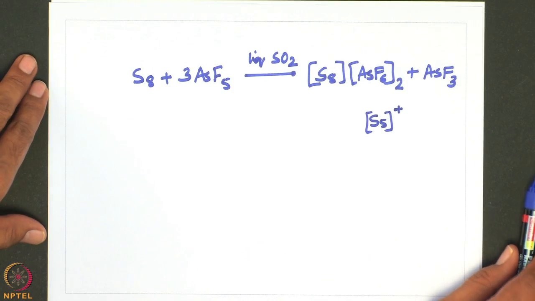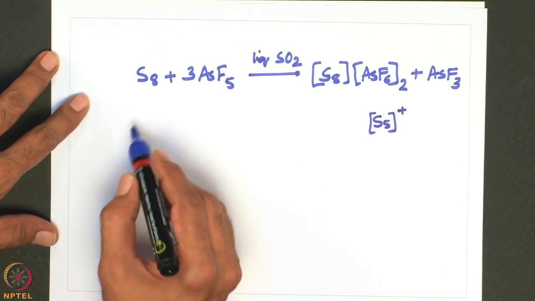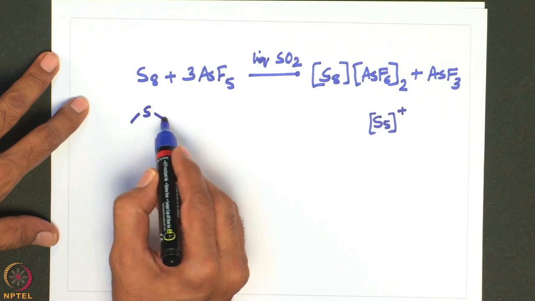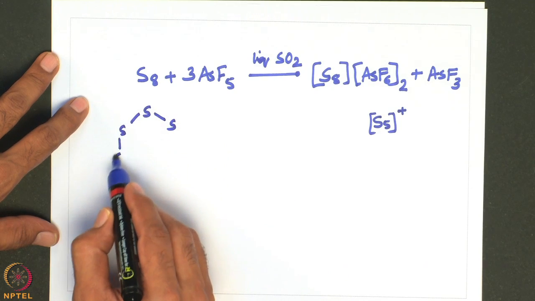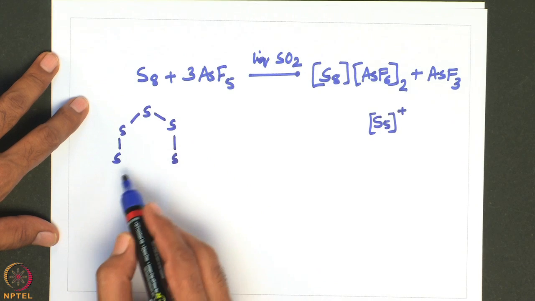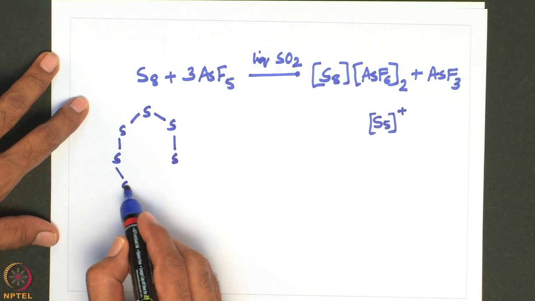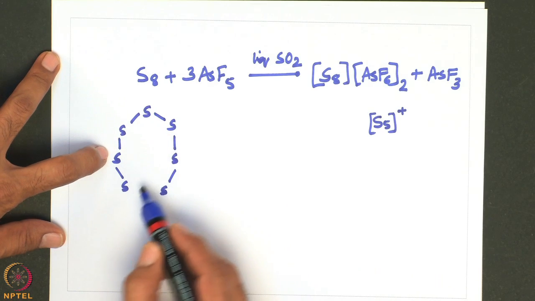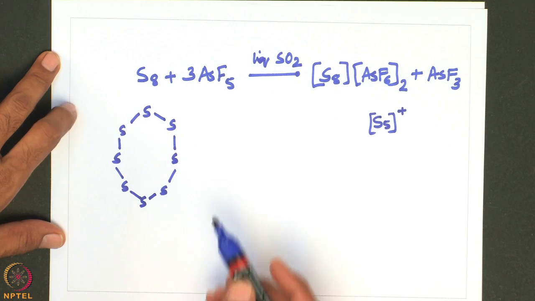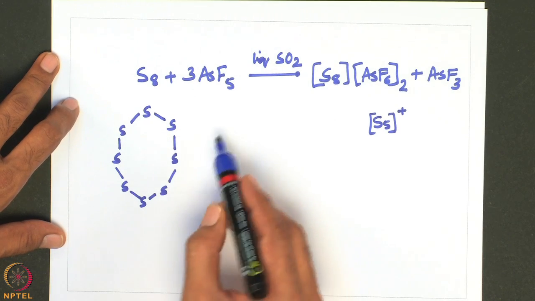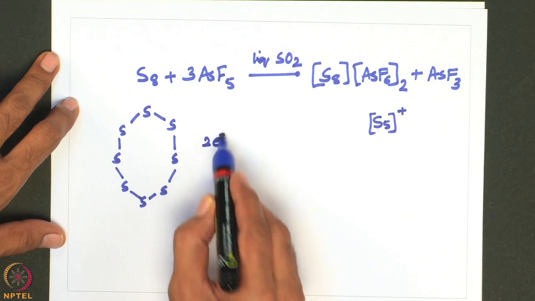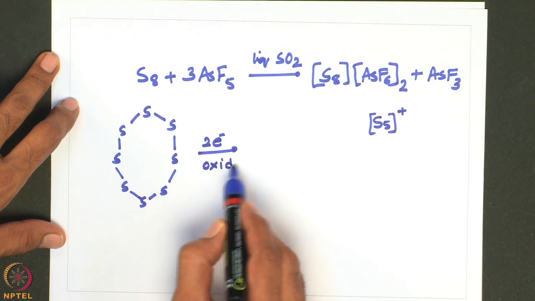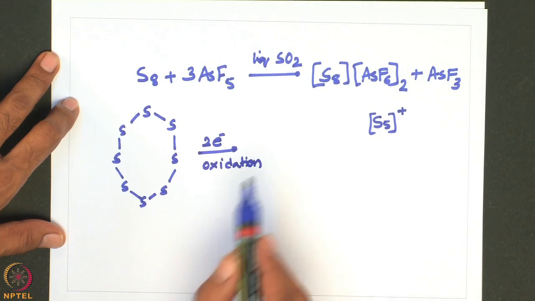Okay. So, let me write the structures of those. So, this is S8, and 2 electron oxidation leads to the dicationic compound, the dication.